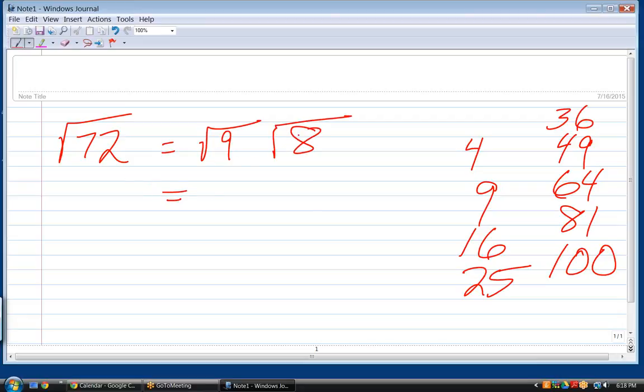Okay, so simplify that. 3 square root 8. Now, let's talk about the square root of 8.